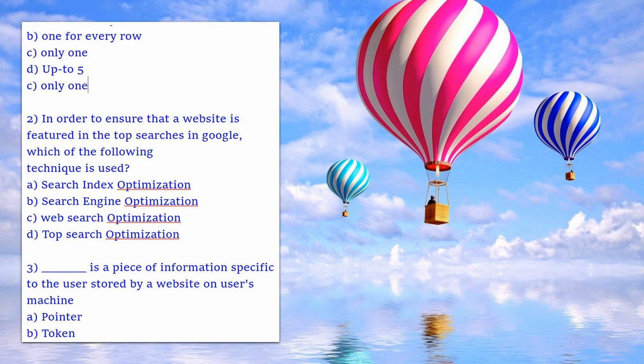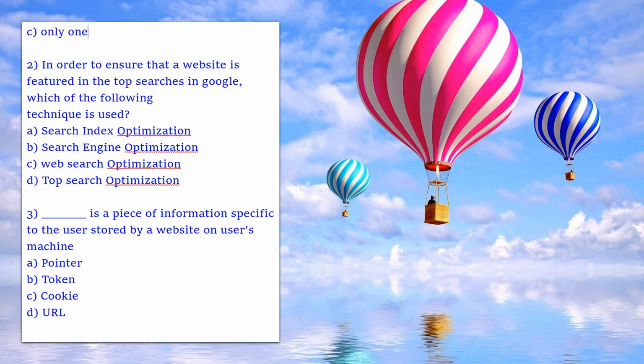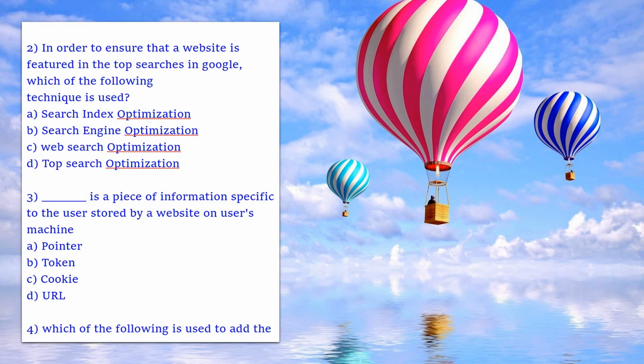The second question is: in order to ensure that a website is featured in the top searches in Google, which of the following techniques is used? There is only one technique, the search engine optimization. The options are search index optimization, search engine optimization, web search optimization, and top search optimization.